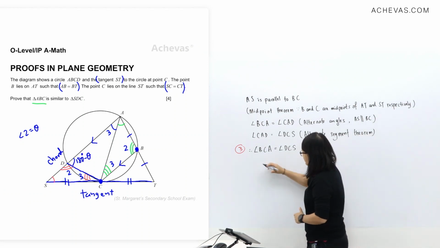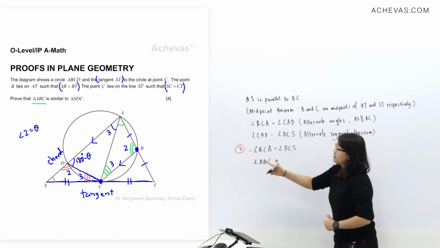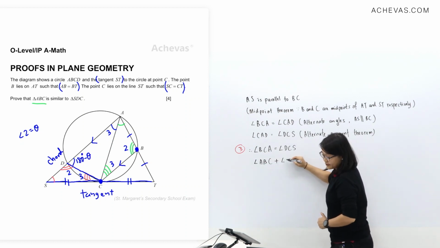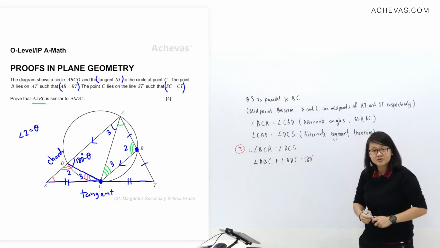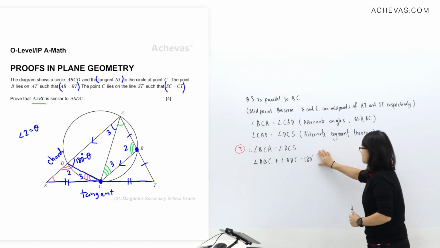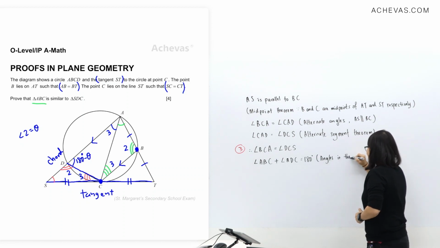The next part here, I'll be using angle ABC, adding this angle with the opposite angle, which is angle ADC, will give me 180. This is using the concept of cyclic quadrilateral, but my explanation here will be angles in opposite segments.